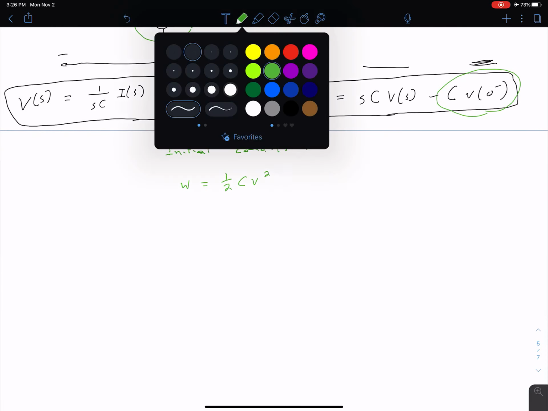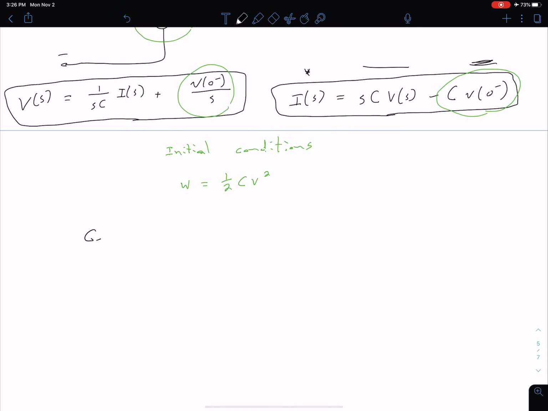So let's quickly talk about our capacitor impedance in this S domain. So our capacitor impedance in the S domain, and so similar to our inductor, this is defined for 0 initial conditions.